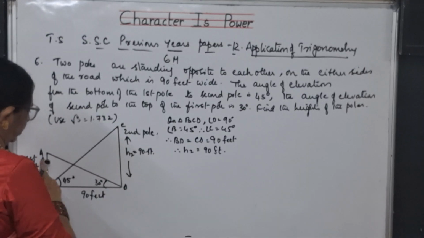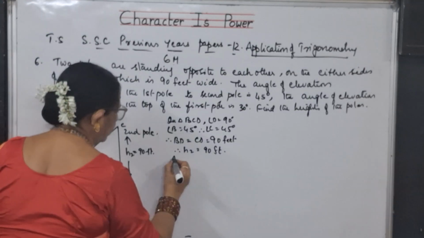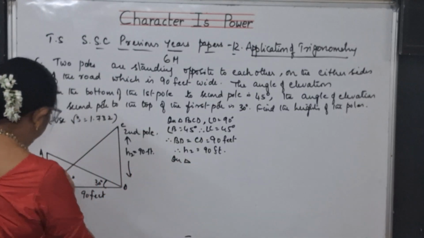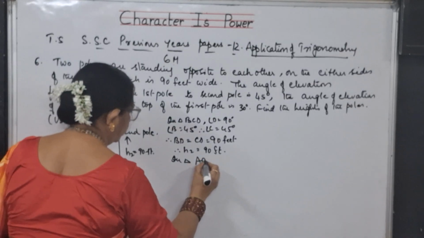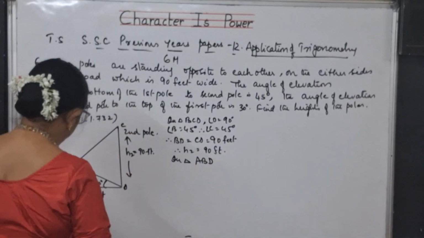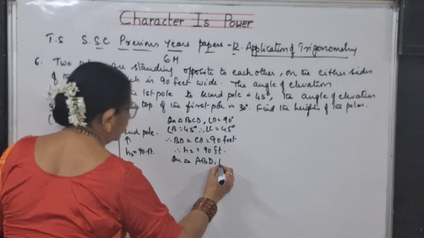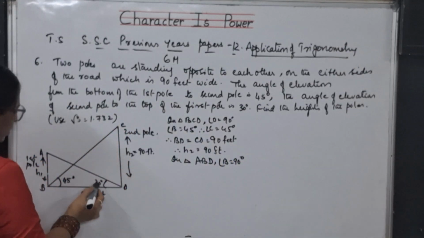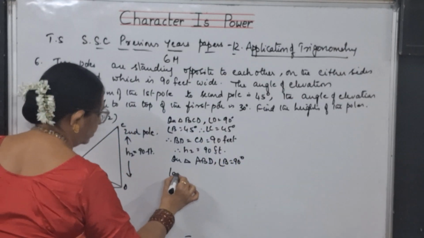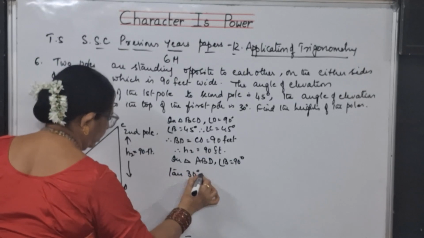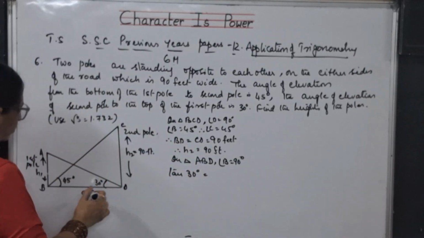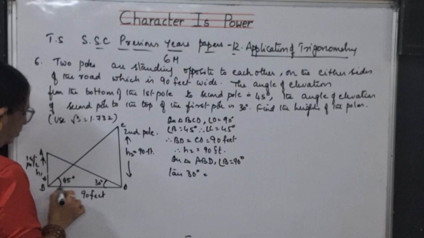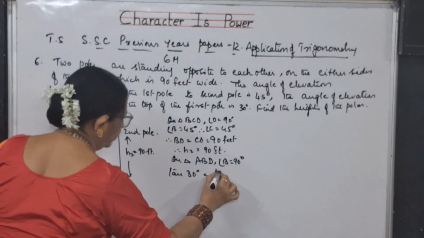Now you want H1. Let us take triangle ABD. Angle B is equal to 90 degrees. So tan 30 degrees is equal to AB by BD.